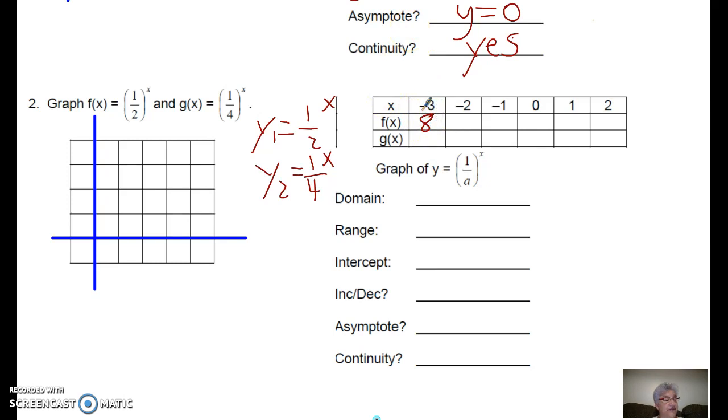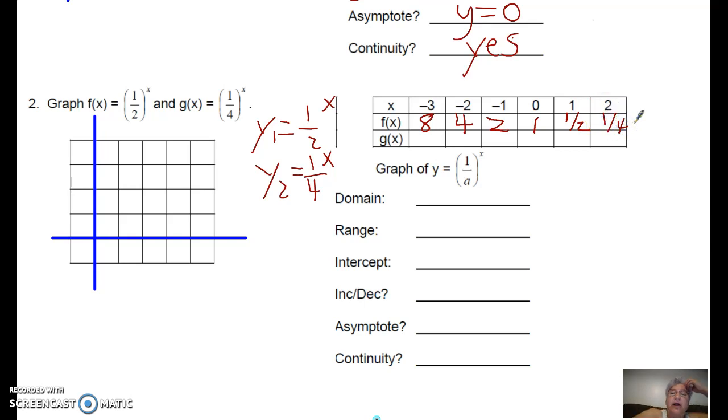We're going to end up with 8. 1/2 raised to the -2 is the same thing as 2 squared, 4. 1/2 to the -1 is going to make our y value 2. Anything raised to the 0 power is 1. 1/2 to the 1 power is 1/2. 1/2 raised to the second power is 1/4.